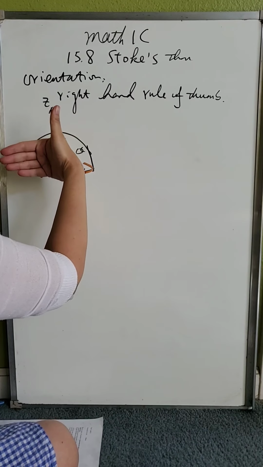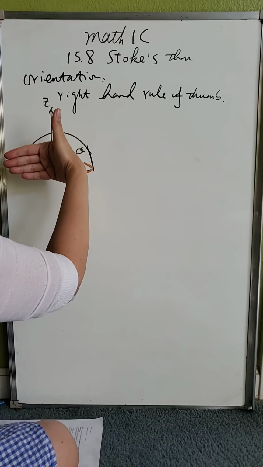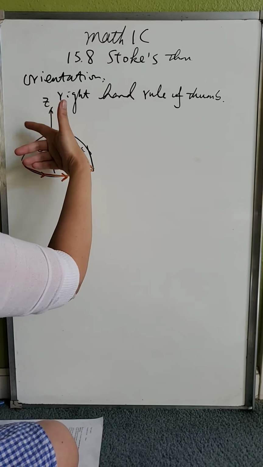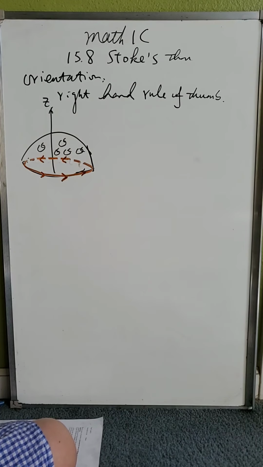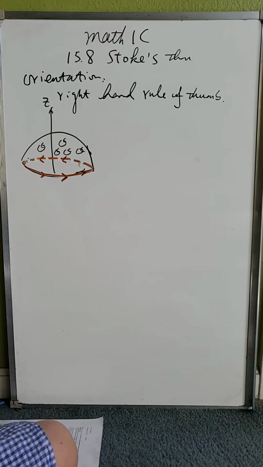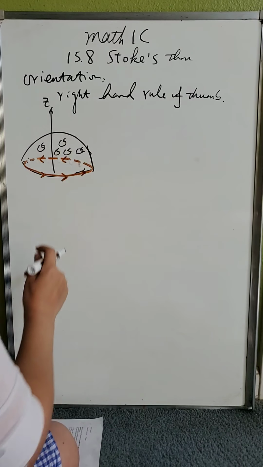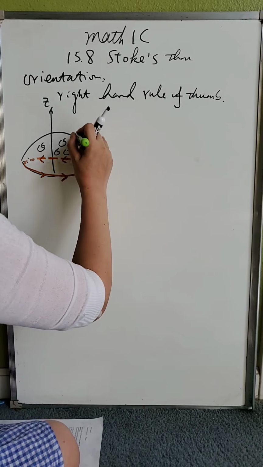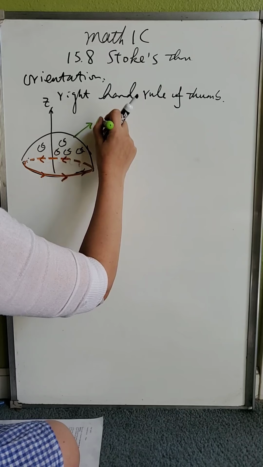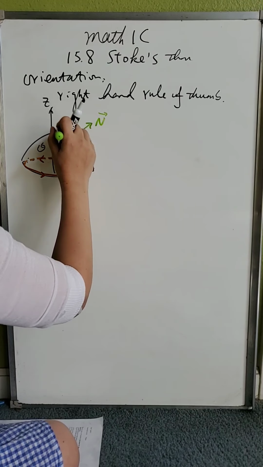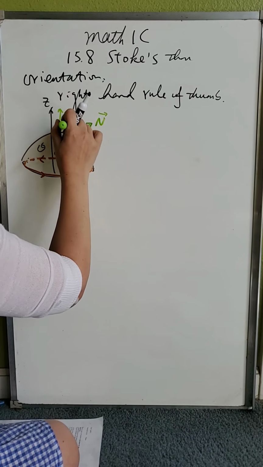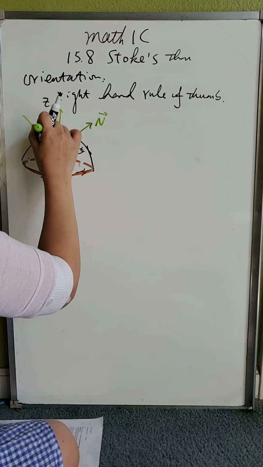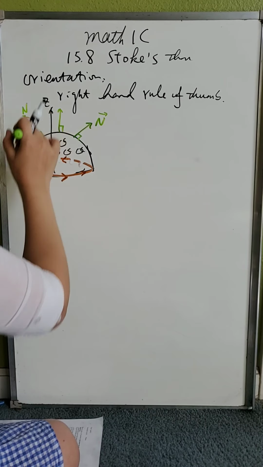Your thumb represents the Z component of your n, okay? So your n is, I'm going to use the green. The n is perpendicular to the surface. Okay, that's my n.